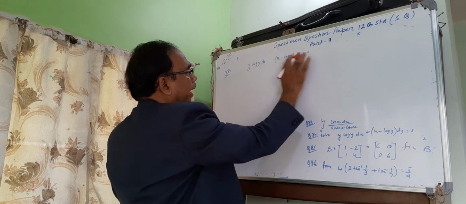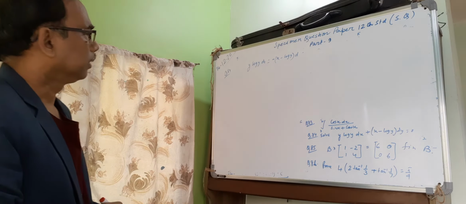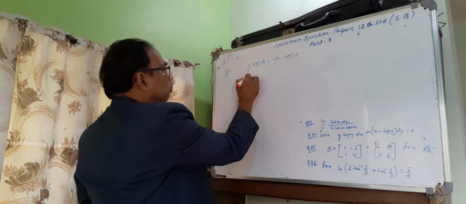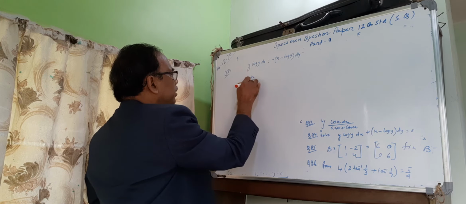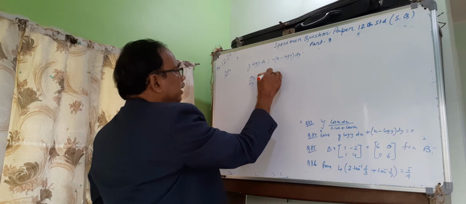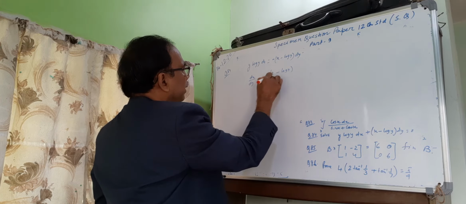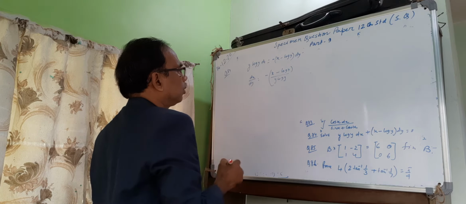Now we can take the right hand side, this equals minus this. Now dx by dy equals minus x minus log y by y log y.